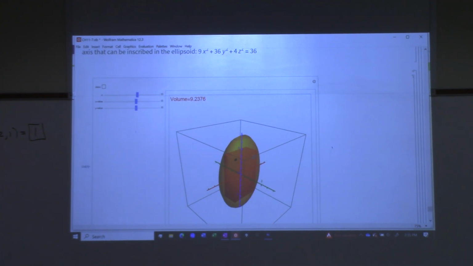So this is one of our classic max-min problems from Cal 1. I want to get it set up, and I want us to appreciate in the next 4 minutes the fact that we don't want to do this problem because it's going to suck.